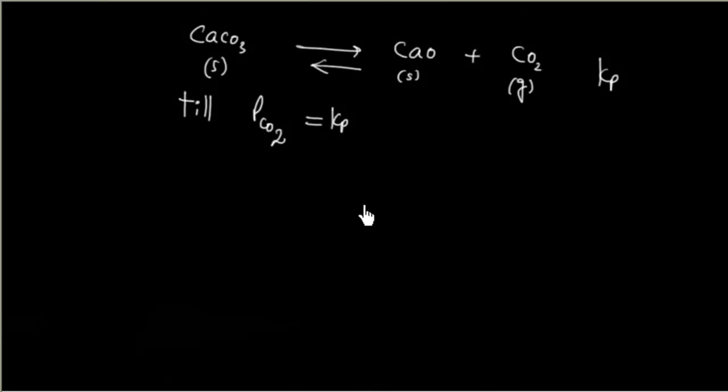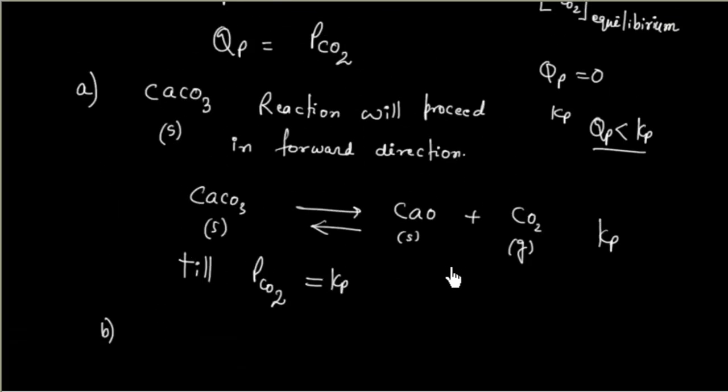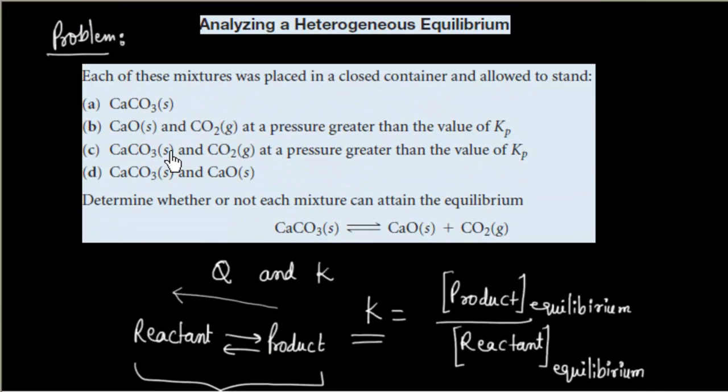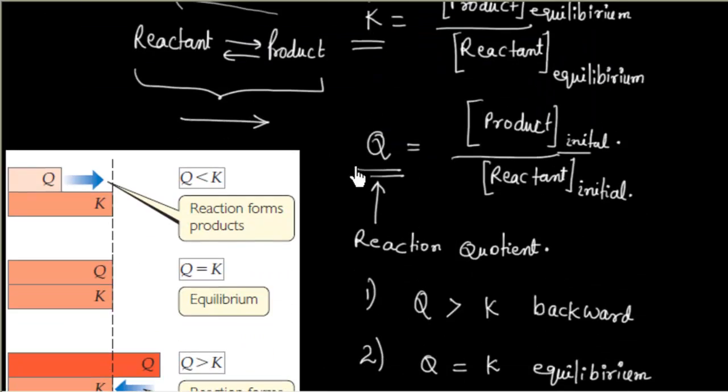Now let us say case B. So basically in case A the system will attain equilibrium. Now in case B we have CaO plus CO2 and the partial pressure of CO2 is greater than Kp.